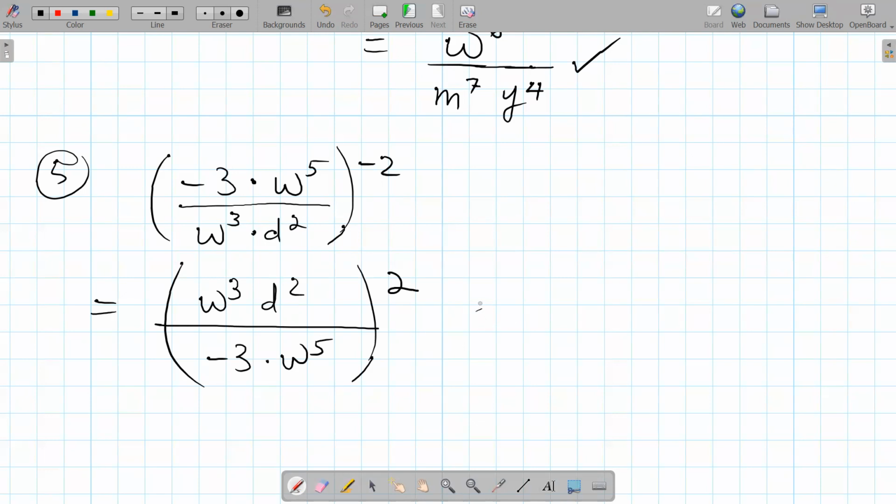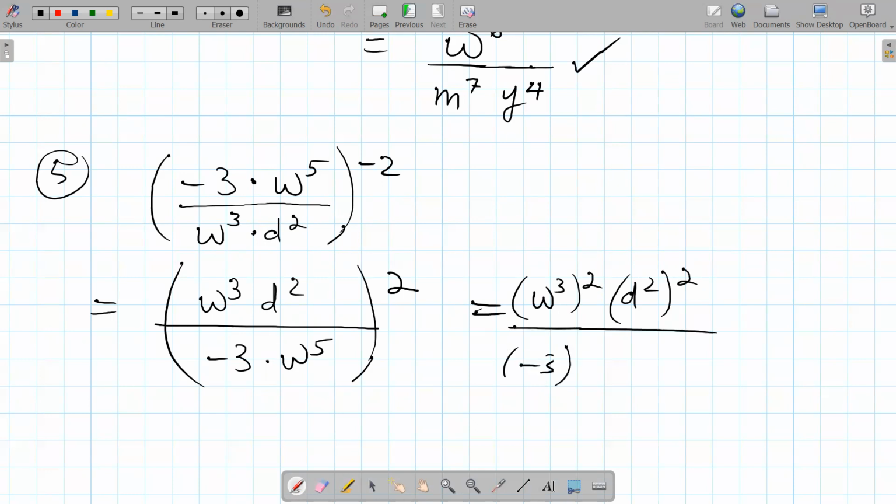So from here, we can now apply the rule that every item that I have in this parenthesis has to be raised to what? Positive 2. So this is going to give me W cubed to the 2nd, D squared to the 2nd, negative 3 to the 2nd, Y to the 5th power to the 2nd.